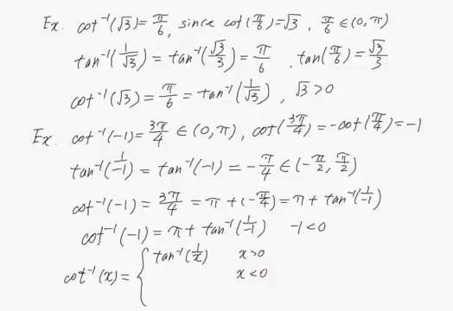And when x is less than 0, then you have the inverse cotangent of x equal to the inverse tangent of 1 over x plus pi.